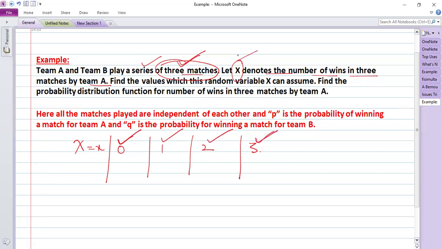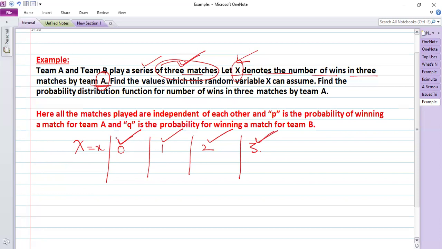Please note what X is here: the number of wins in three matches by Team A. Either Team A will win a match, or Team B will win.